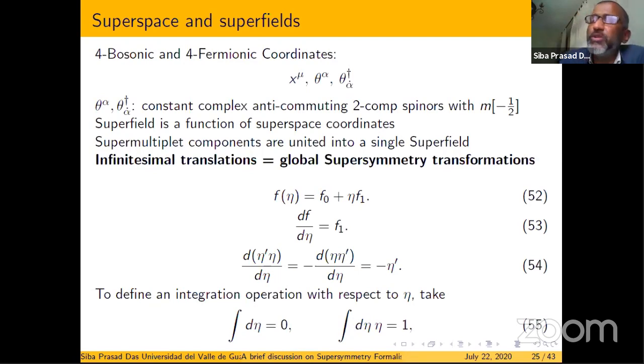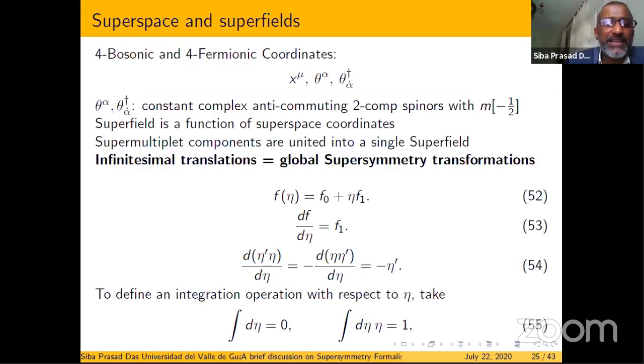So x mu is a 4-vector in our normal spacetime, which is 4 degrees of freedom, and theta alpha, where alpha runs from 1 to 2, and alpha dot also 1 to 2, so 1, 2, 3, 4. So the degrees of freedom match.